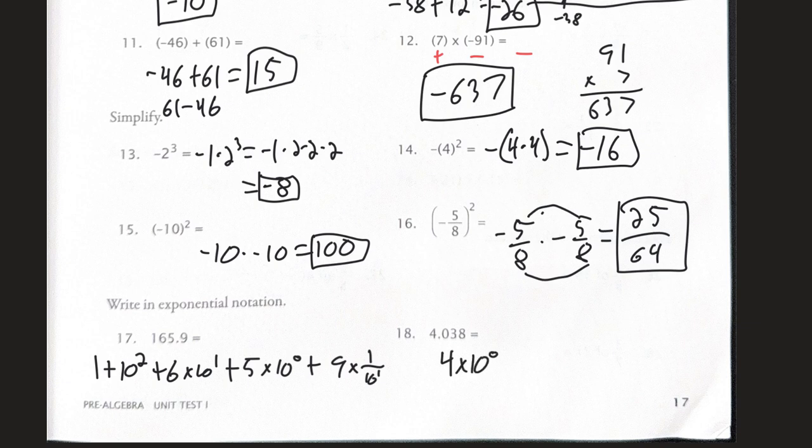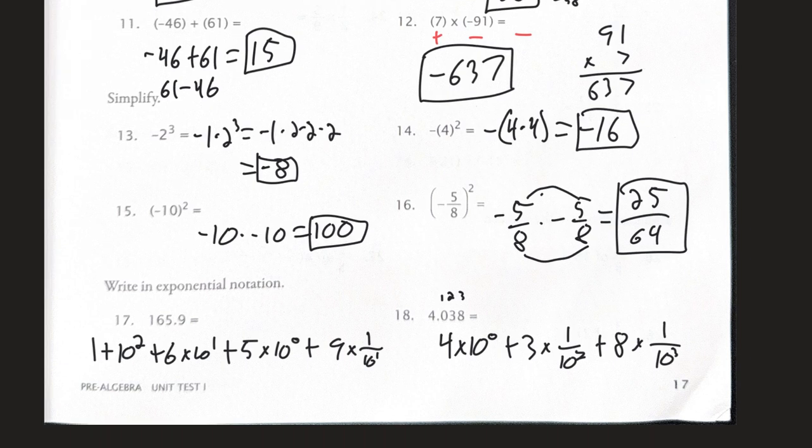We skip this 0 and go straight to the 3. So that'd be plus 3 times 1 over 10 squared, because it's in the second spot. 0's in the first, 3's in the second spot, 8's in the third spot. Plus 8 times 1 over 10 cubed.